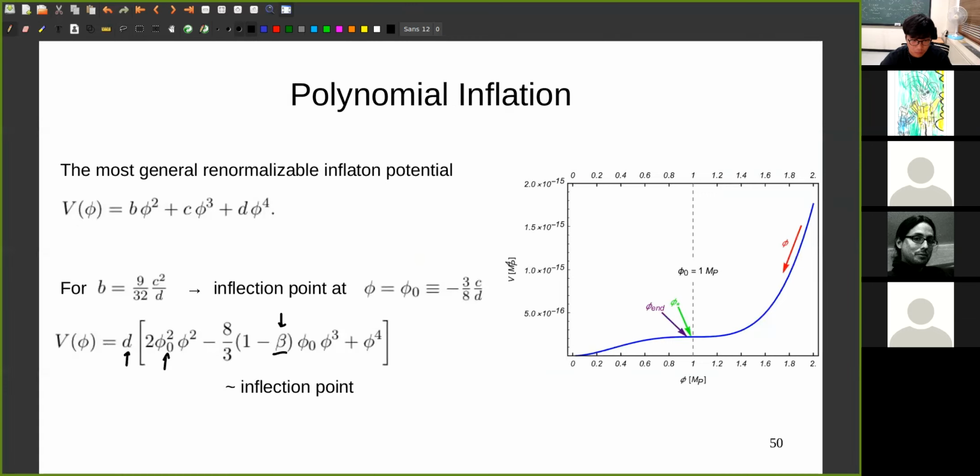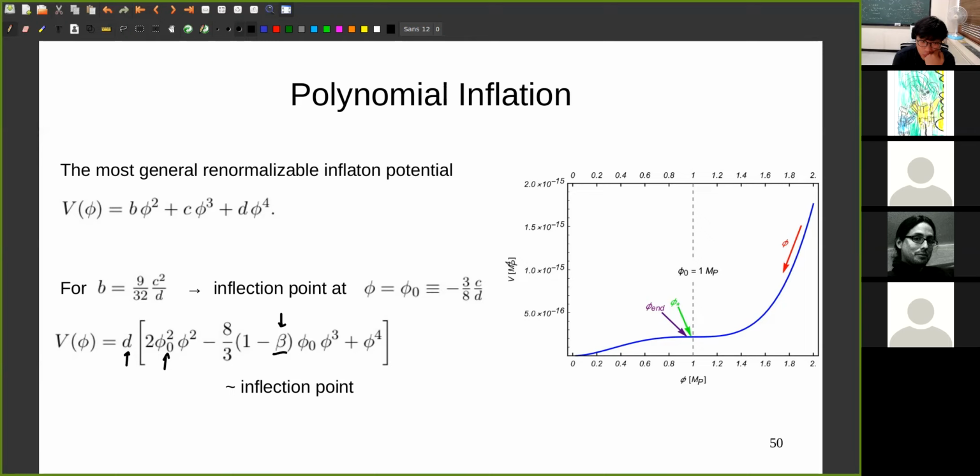Yes, here. What happens if you assume beta is just 0? Is it essential to have a non-zero beta here? Yes, and that's kind of sad, I agree, but we need it in order to match the spectral index.